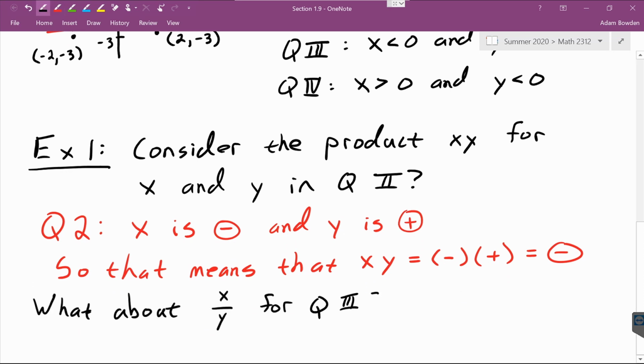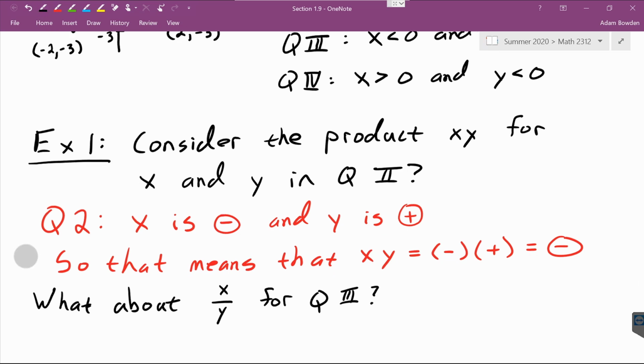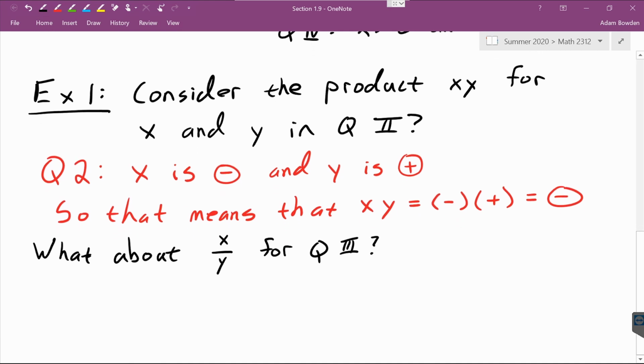So what if we took a look, though, at quadrant 3 and considered dividing x over y? What kind of value would we have? Would we get a positive or a negative? Well, we considered for quadrant 3 that x and y are both negative.